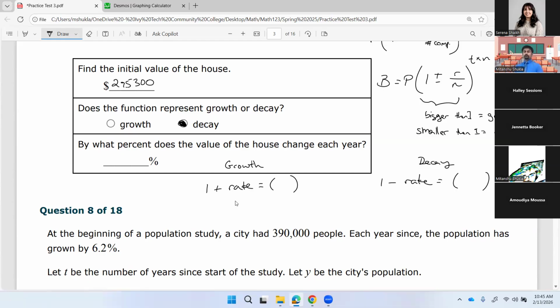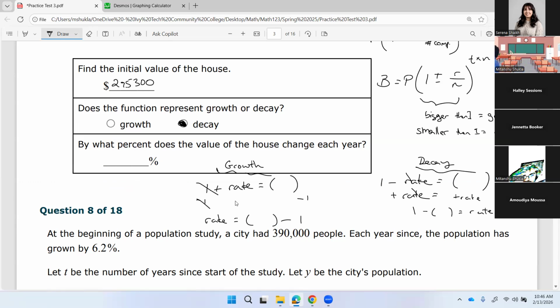Okay. Over here, if I subtract 1 on both sides, when I have a growth scenario, if I want my rate, I just do whatever's in the parentheses minus 1. Okay, if it's a growth scenario. If it's a decay scenario, I do 1 minus parentheses to get my rate.